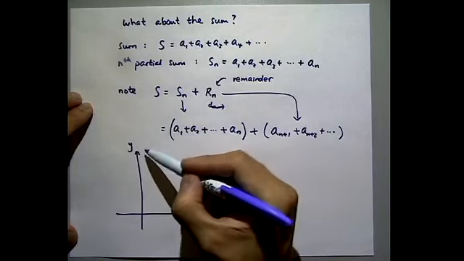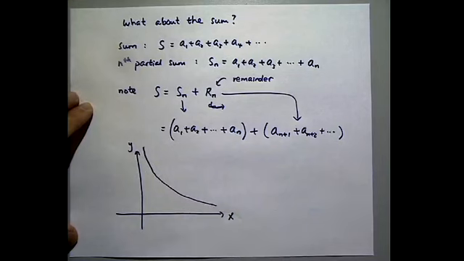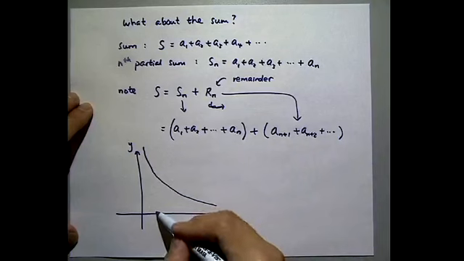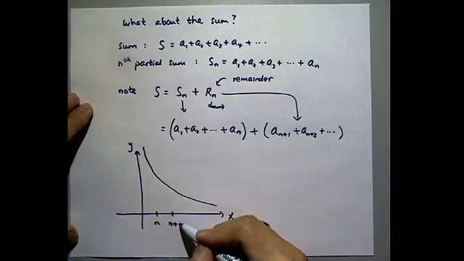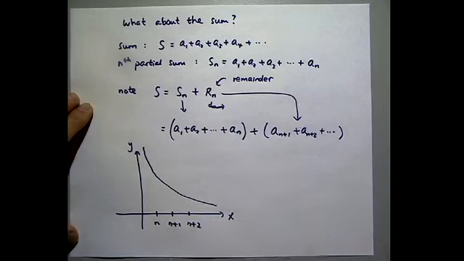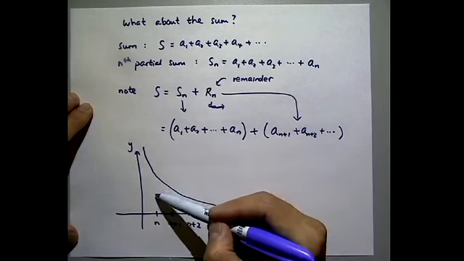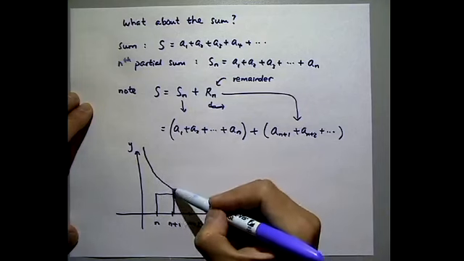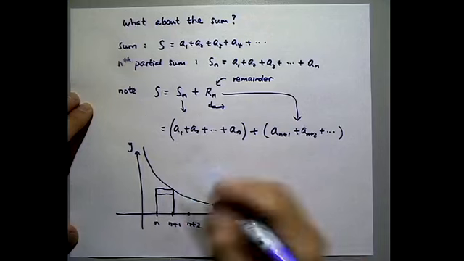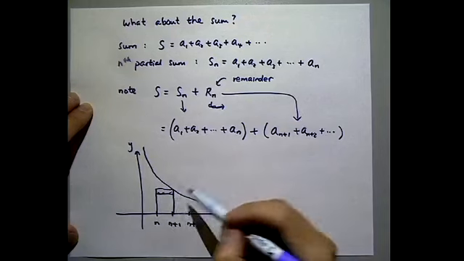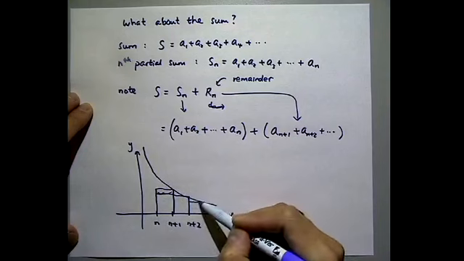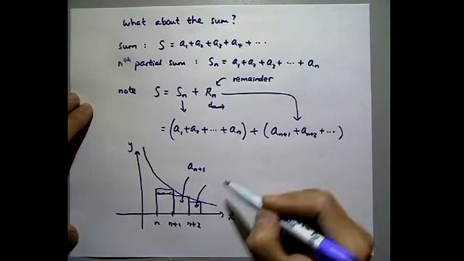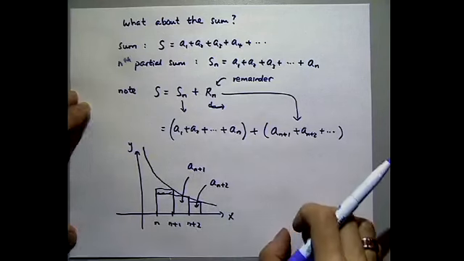Once again, for a decreasing and positive function, all of these things can be looked at in two ways again. So this is An+1, An+2, and so on.